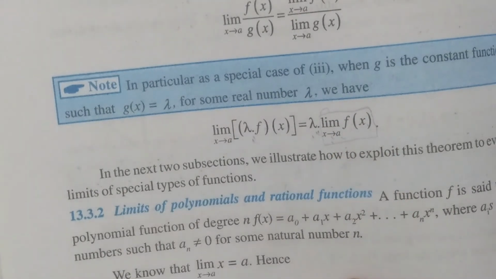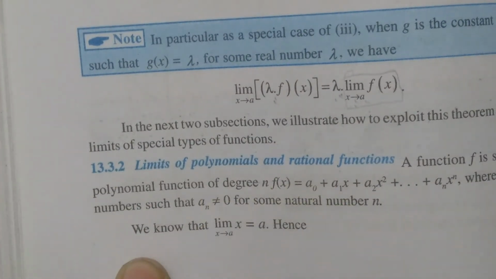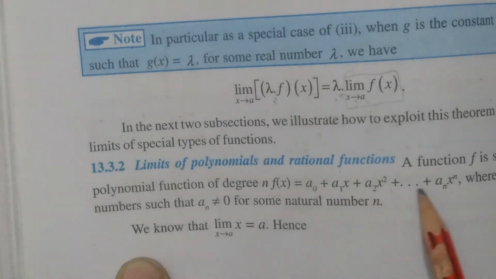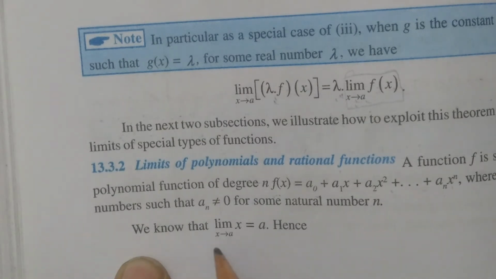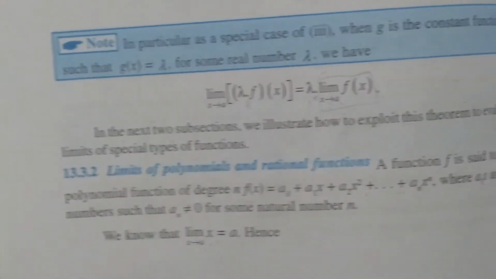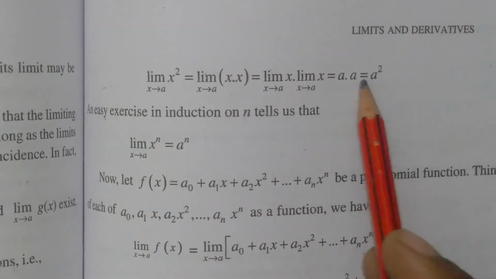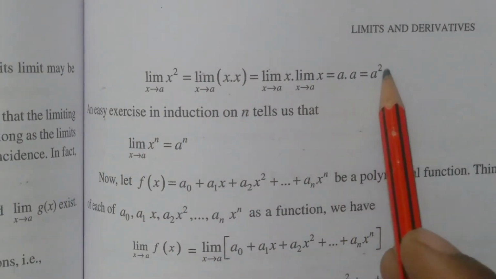Okay, after that we come to the limit of polynomials and rational functions, right? Suppose f of x is any polynomial like this, a naught plus a1x plus a2x square and so on up to a n x raised to power n. Now we know that limit x approaches to a of x is equal to a. Similarly, what is the limit of x square? This becomes a square.